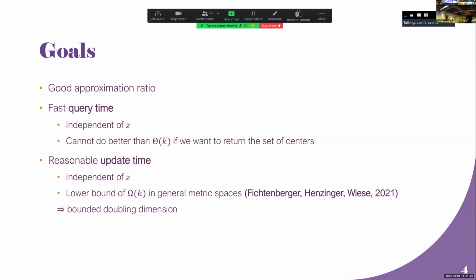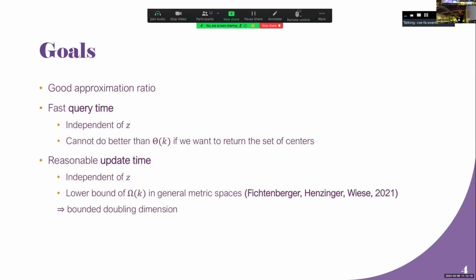Okay, so what are our goals? We want to be able to, in every time step, output a good approximation to the optimal solution for the k-center with outliers problem. And we want to do this fast. So we want a query time that is independent of z and also good in terms of the number of centers.